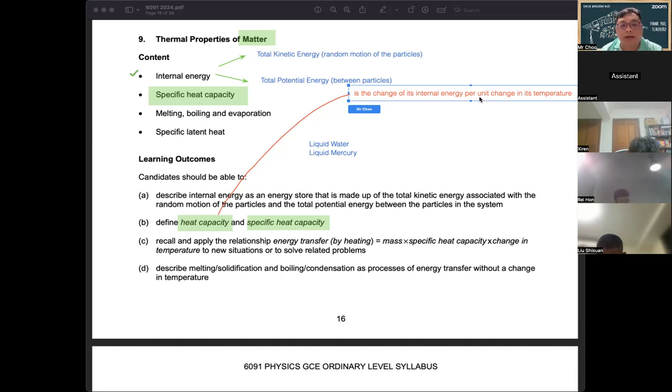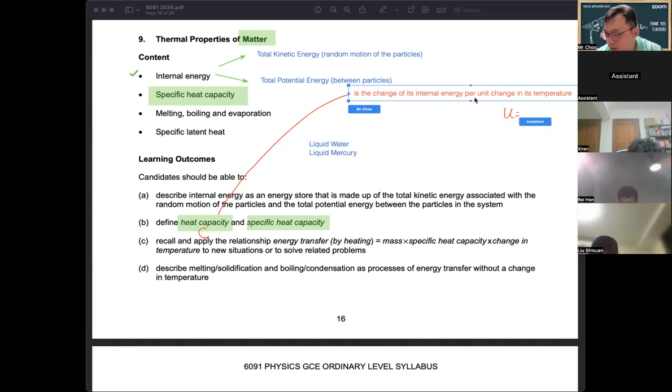Okay, so I repeat myself again. The heat capacity of an object, the short form for this is capital C, is the amount of energy required to increase its temperature by 1 unit. So what's the unit for this?